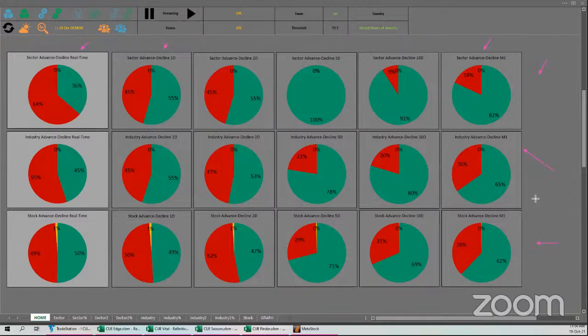All those things you will be ready with, probably fill up the Q diary with that plan in anticipation of what may happen. And the more you study this sector industry advance decline breadth, 1 month to 1 day, then real time, along with the bucket analysis and a few other details, you will be able to anticipate the market moves, I will say, better than most other traders.